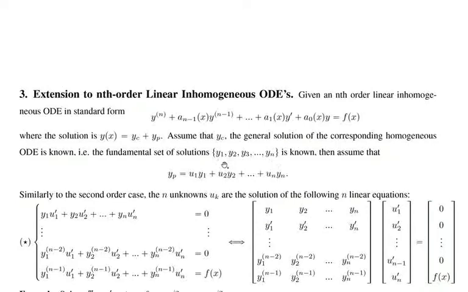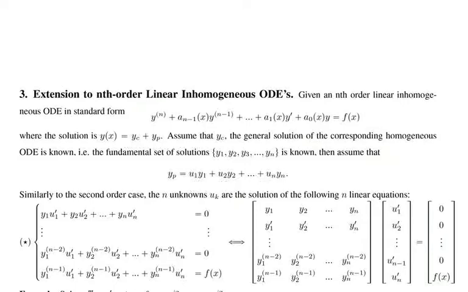So the idea of the method of variation of parameters is to assume that the particular solution is of the form u1 times y1 plus u2 times y2 up to un times yn. So we're going to replace the constants in the complementary solution by functions u1, u2, un.